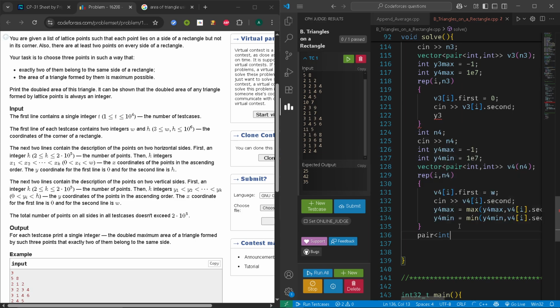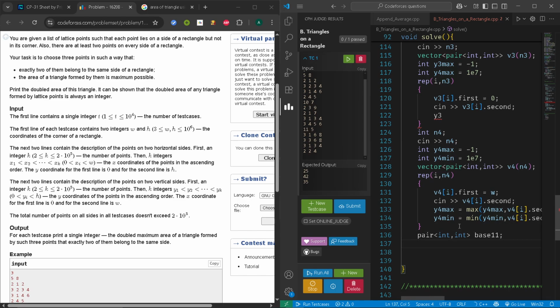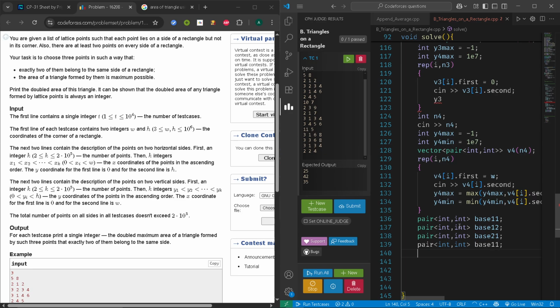Then what I need to do is I need to create one base 1 1, then base 1 2, base 2 1, base 2 2.